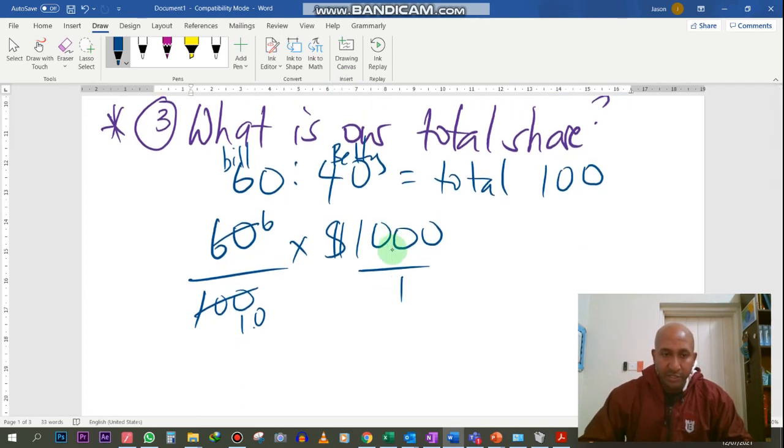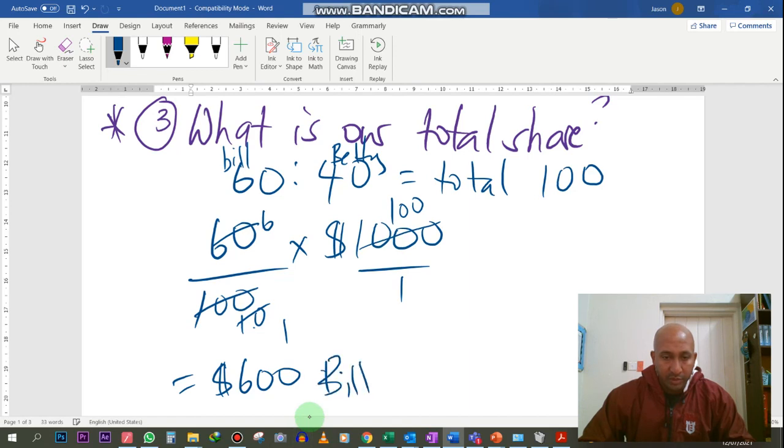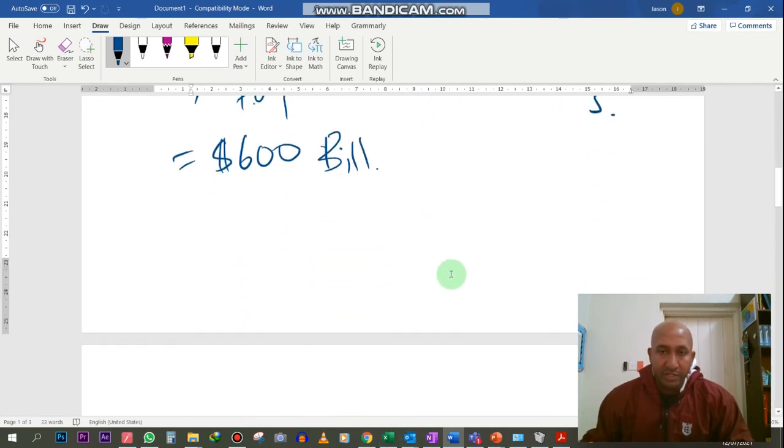There's still a relationship here. 10 into itself goes once, 10 into 1,000 goes 100 times. And we're left with 6 times 100. $600 goes to Bill. So obviously 1,000 minus 600 means $400 is going to go to Betty.